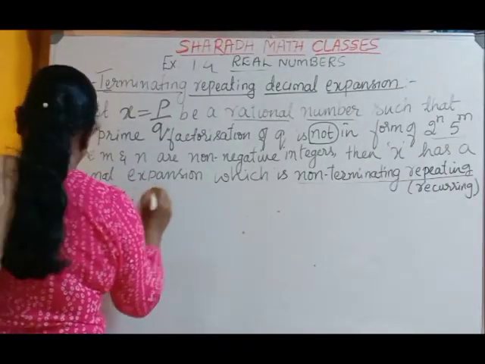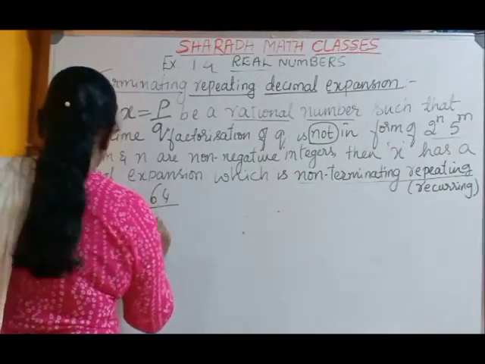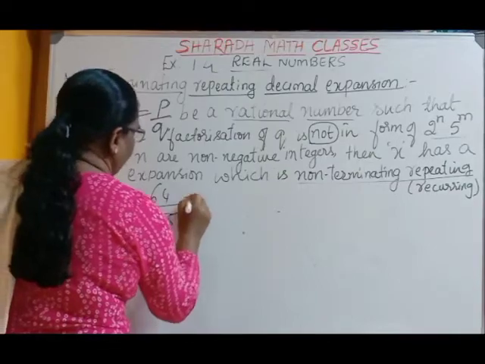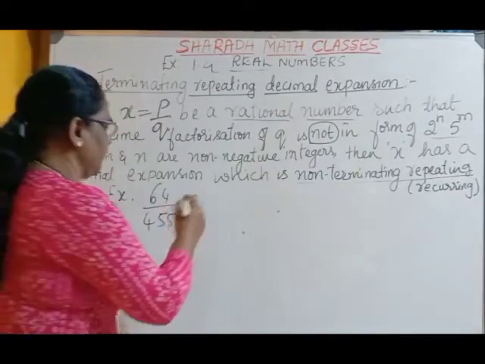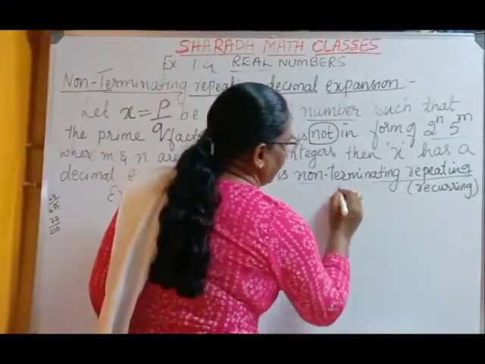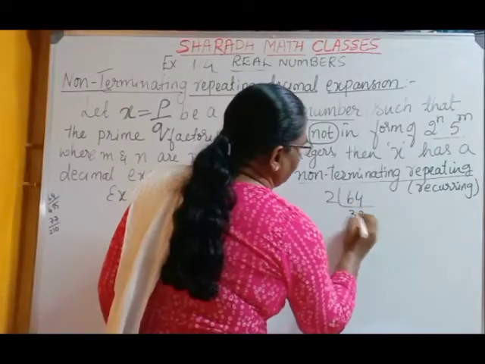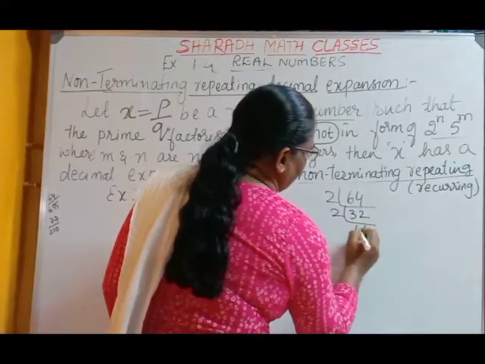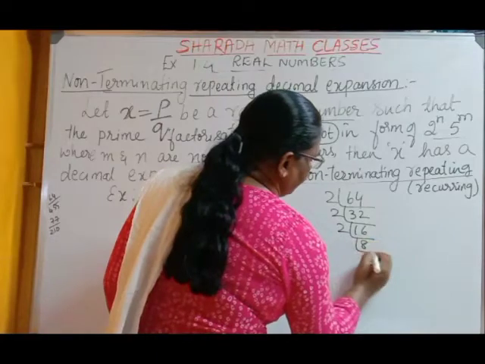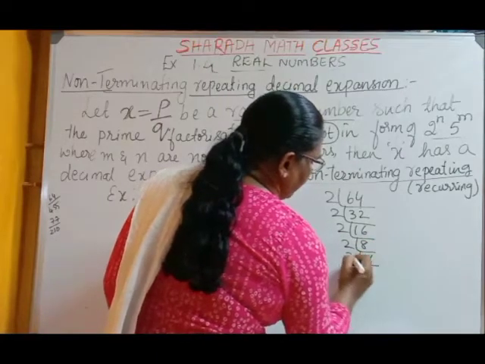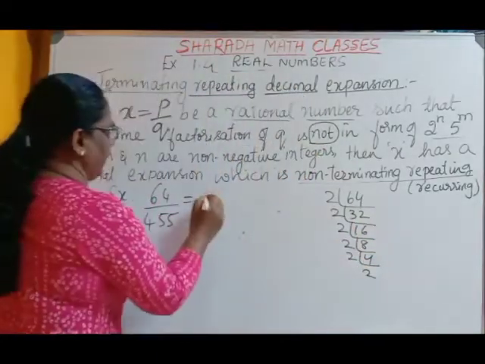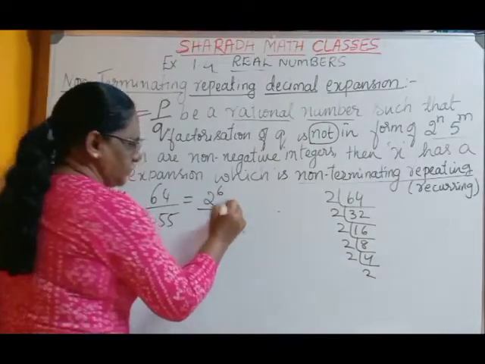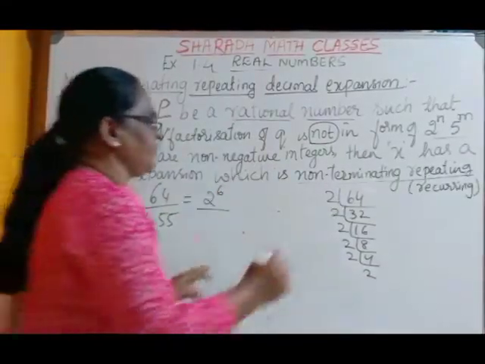Example: 64 divided by 455. I am going to find the factors for this. So 64 can be written as 2 32s are, 2 16s are, 2 8s are, 2 4s are, 2 2s are. Simply you can write 2 to the power of 6. Okay, 455.